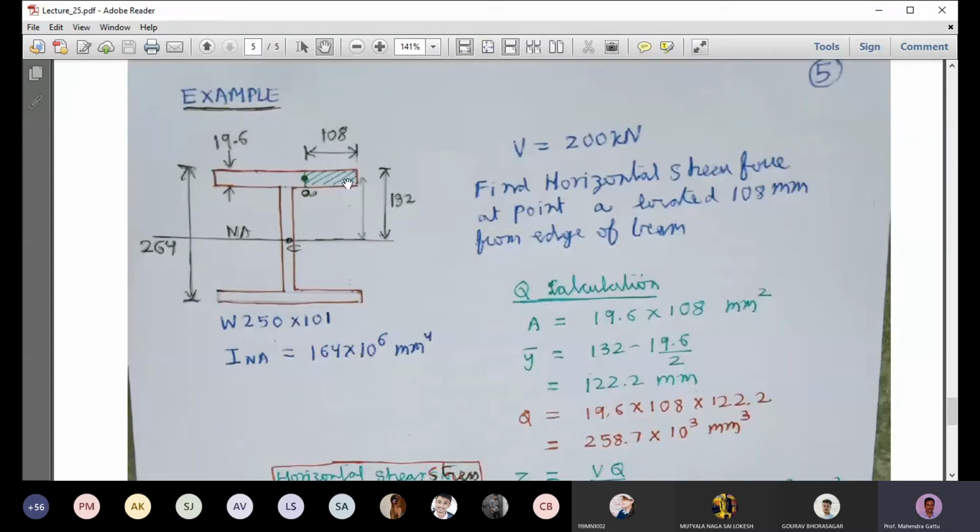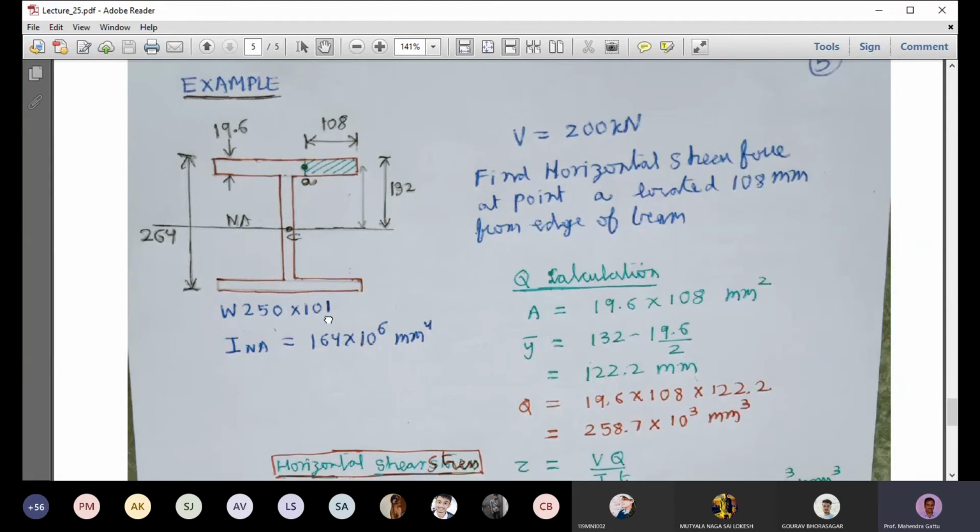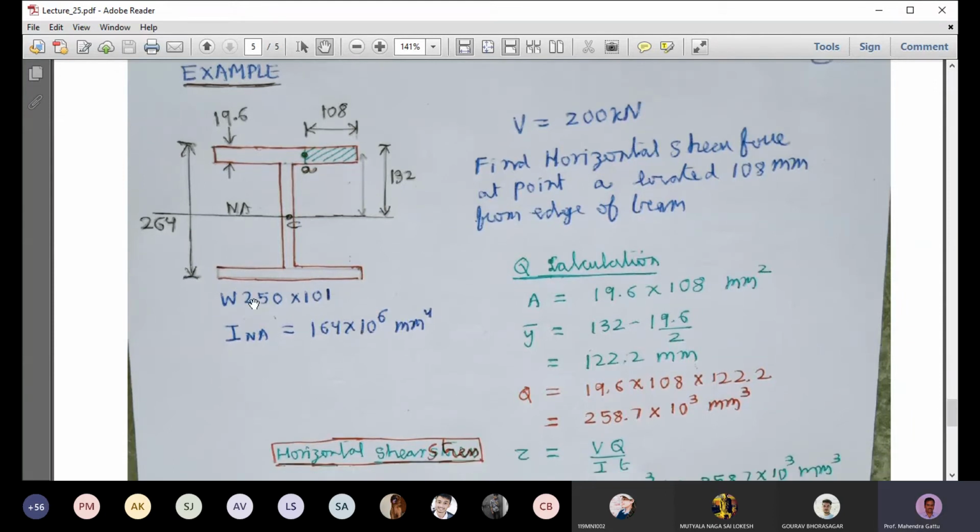Here we have a wide flange beam, and the dimensions are given: the flange thickness is 19.6, and the total depth is 264, and the section is W250 x 101. I think this is a standard dimension. We have to refer to the table and get the moment of inertia.